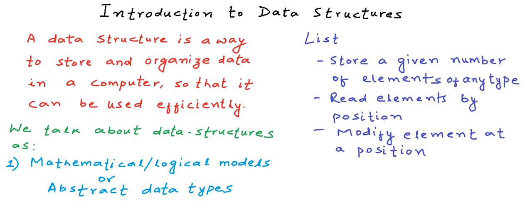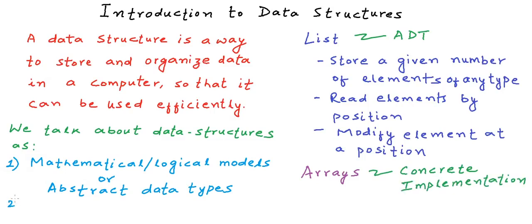Now we can implement this in a programming language in a number of ways. So this is a definition of an abstract data type. We also call abstract data type as ADT. And if you see, all the high level languages already have a concrete implementation of such an ADT in the form of arrays. So arrays give us all these functionalities. So arrays are data types which are concrete implementation.